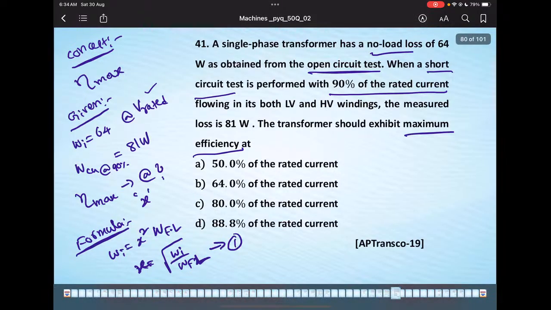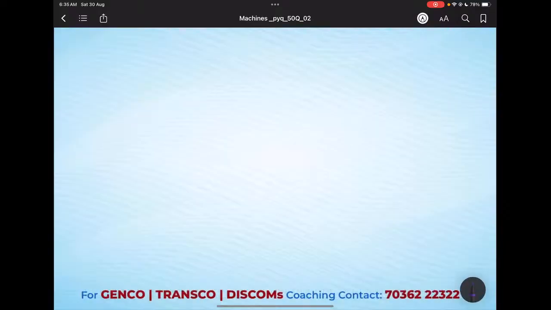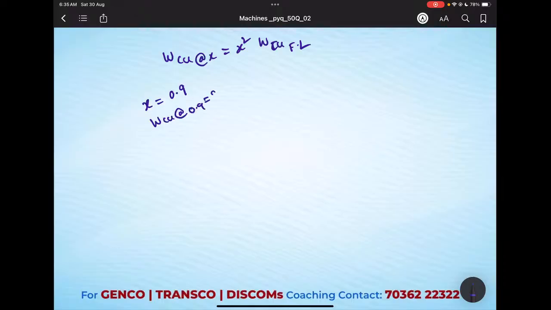Okay, let's calculate the copper losses at full load. We know that copper losses at any fraction of load is X square into copper losses at full load condition. In the short circuit test, they conducted it at 90% load, so that fraction of rated current is 0.9, and the copper losses at 0.9 are 81 watts. Let's take it as equation 2.